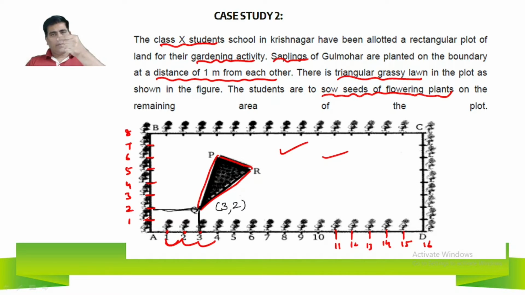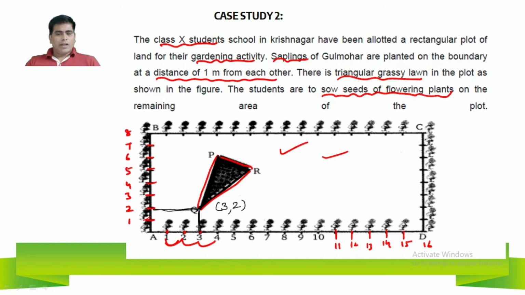This is very important. Just drop the perpendicular on the x-axis and on the y-axis. On the x-axis it shows 3 units, on the y-axis it shows 2 units. So 3, 2 is the position of Q, a vertex of the grassy triangular land.